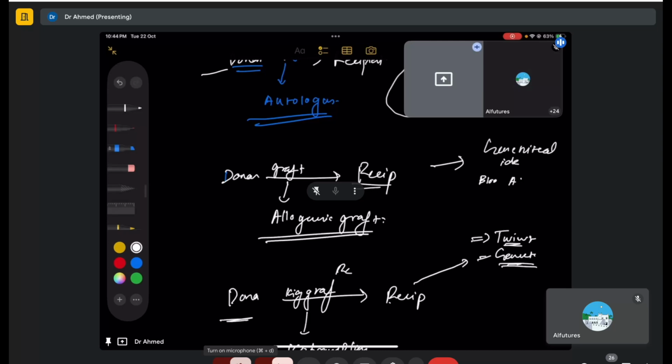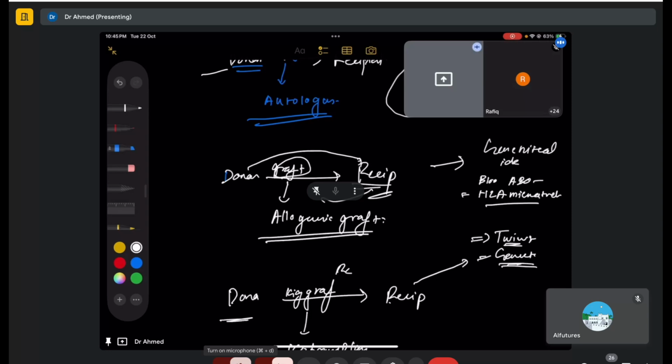So we can see some ABO incompatibility. We can also see some HLA mismatch. So if I am giving him a graft, this graft can act as an antigen, a foreign substance, and the recipient would try to kill it. So you are going to see rejection of this graft. The recipient is going to reject it, like I won't take it.